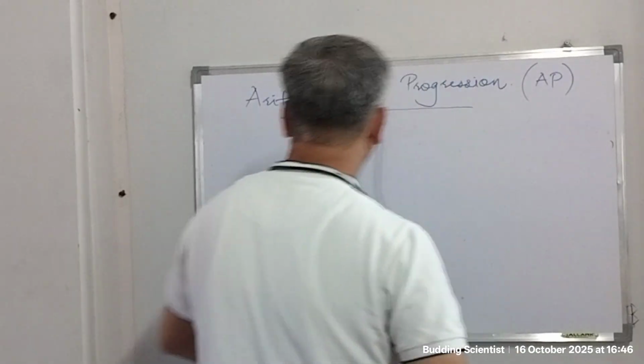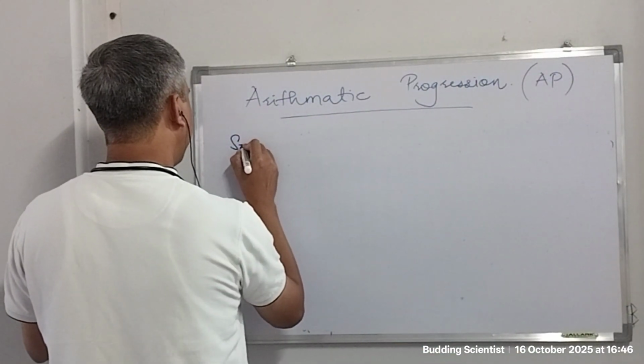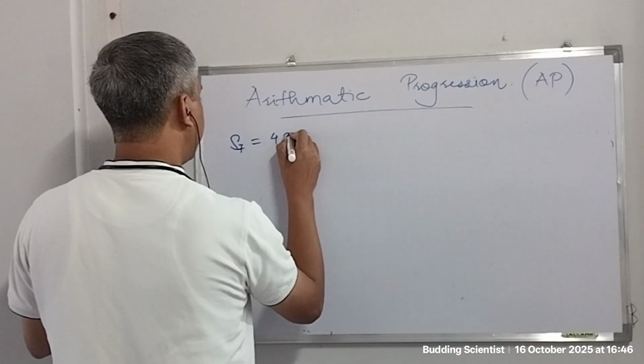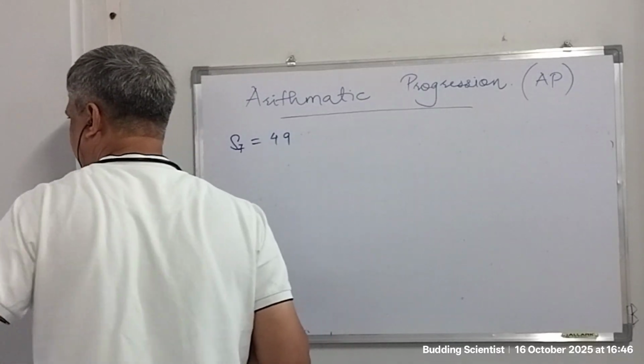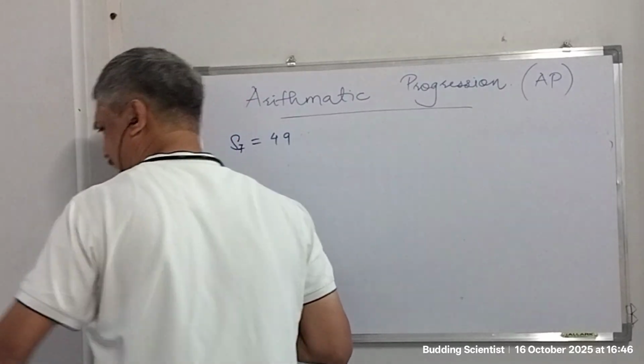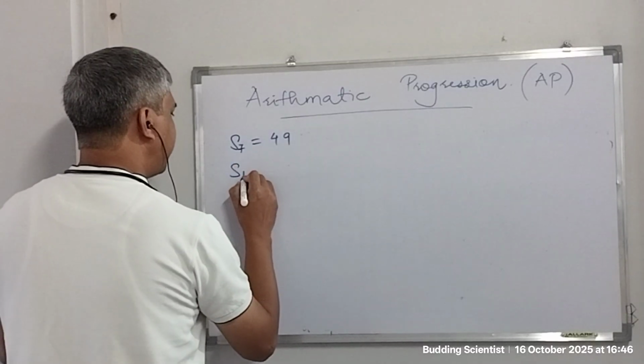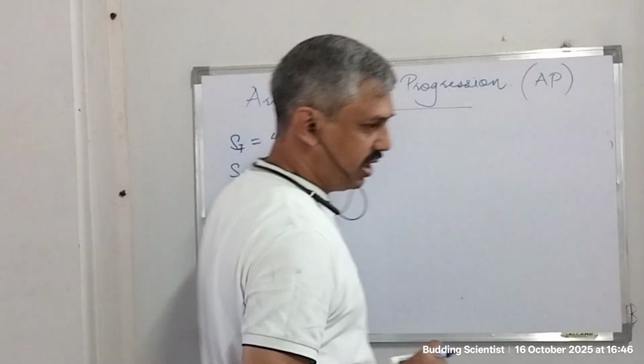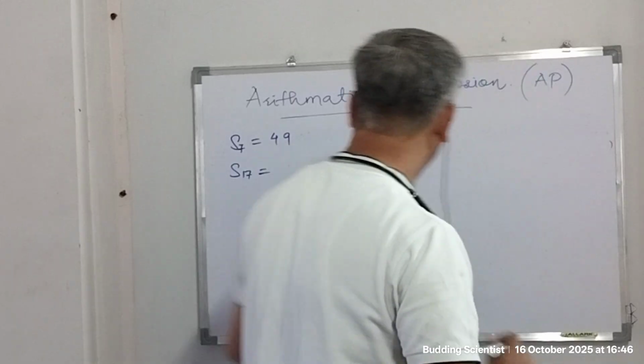Sum of first 7 terms, S7, is equal to 49 and the sum of first 17 terms is equal to 289.